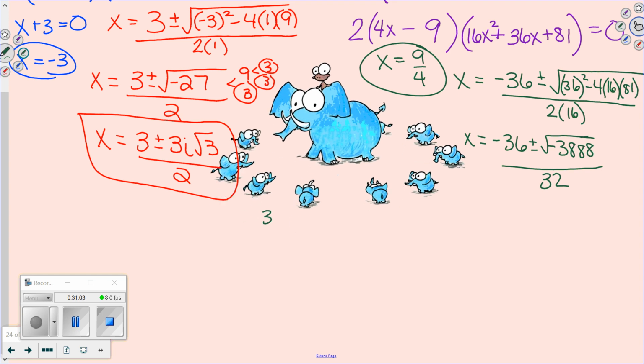I'm going to do my factor tree over here just because I ran out of space on that side. So what is that? 2 and something? It's a big number. So 1944. So 2 and 972. 2 and 486.